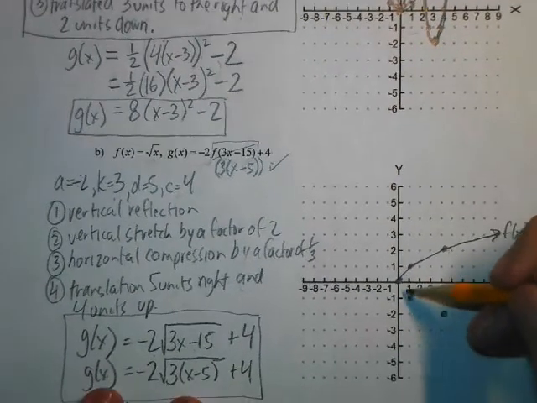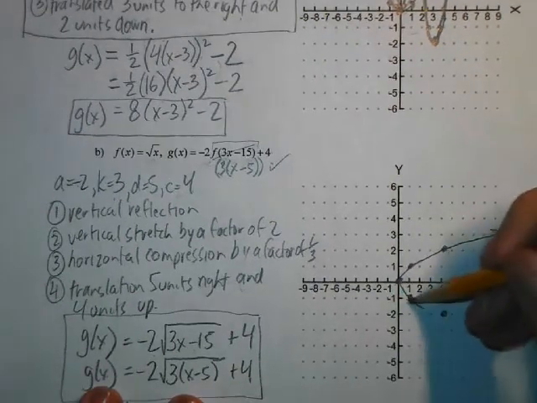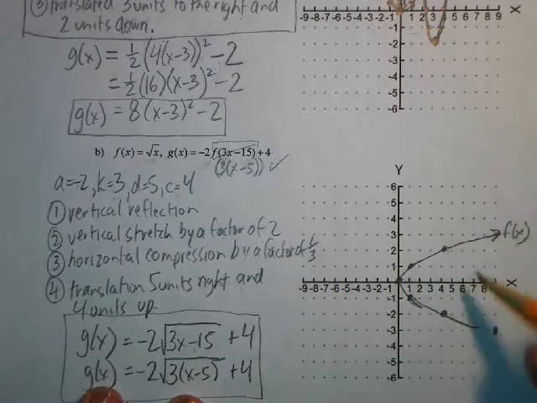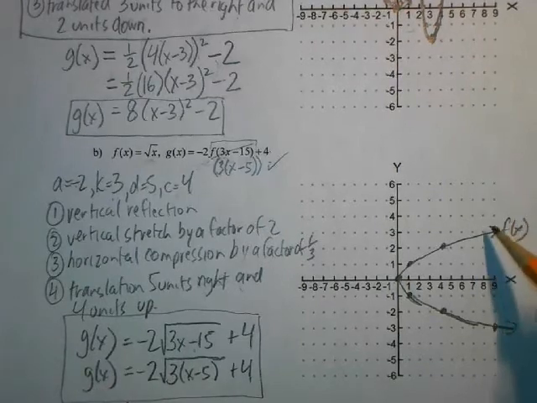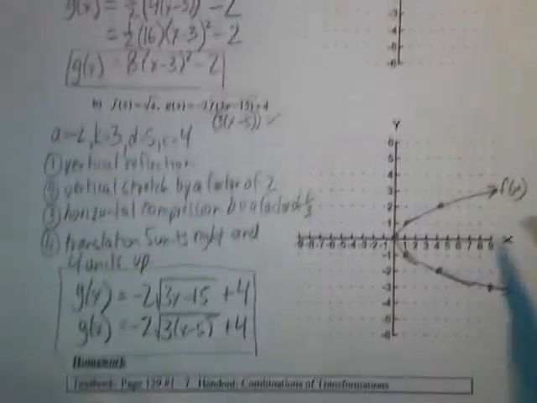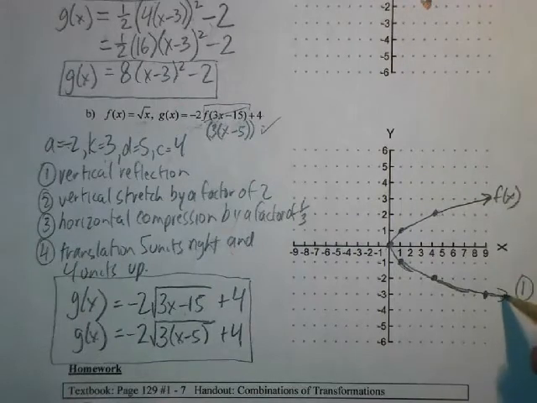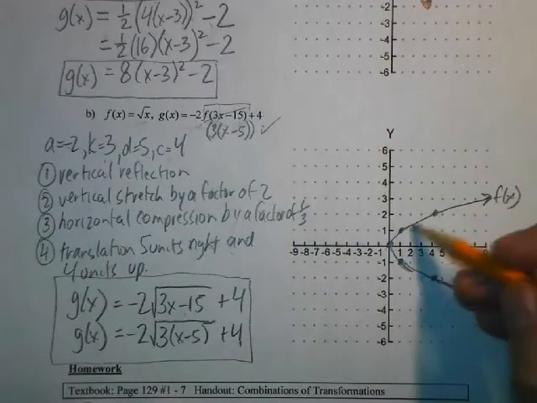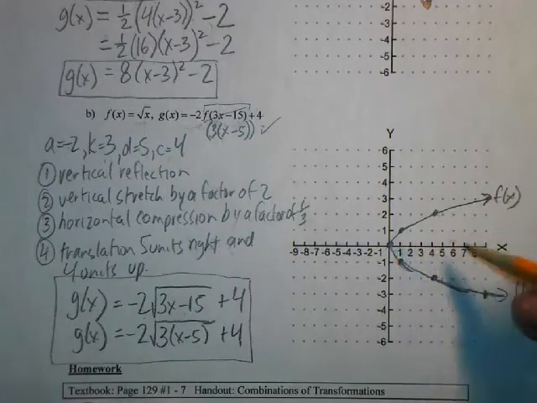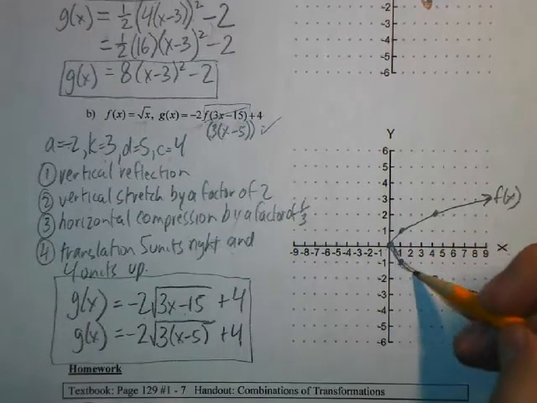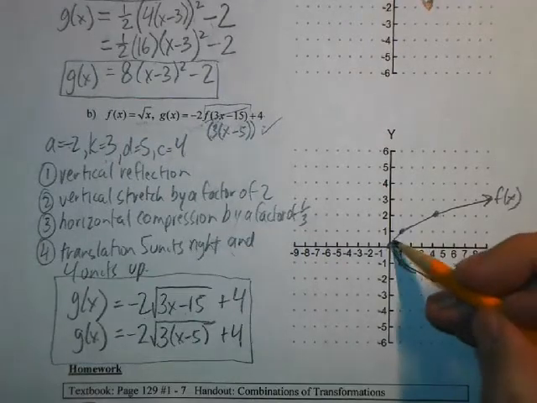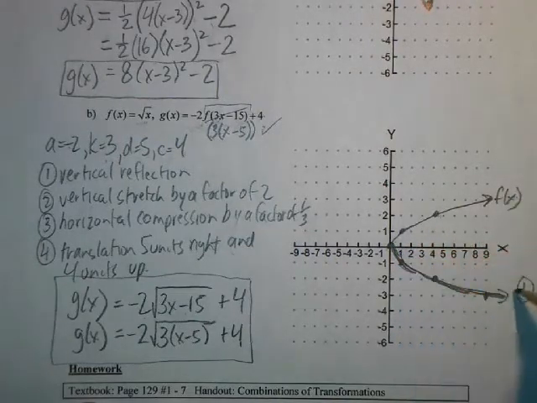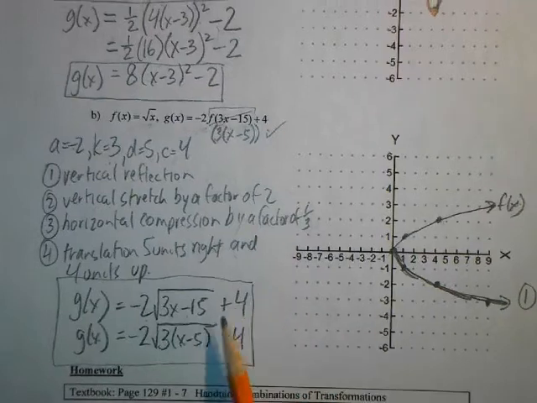So now we've got our new sketch of f of x vertically reflected. So I'm going to put a 1 there just to show that. Now this isn't the same graph. These are separate graphs. So the top branch, that's f of x. The bottom branch is basically negative f of x.